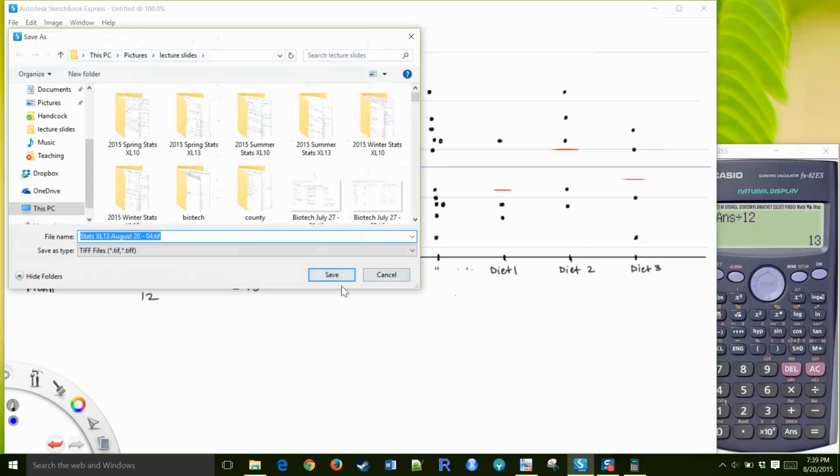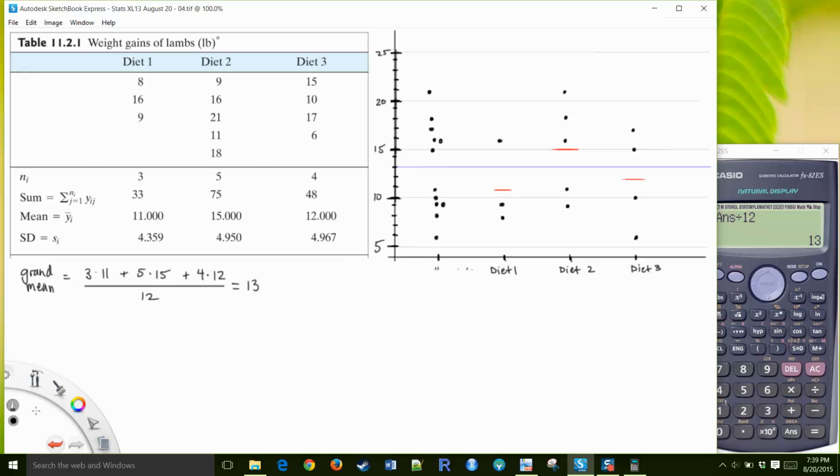Or could the fact that we got 11, 15, and 12 just be a result of random chance and the different lambs that I got happening to gain different amounts of weight? That's what we're trying to establish.